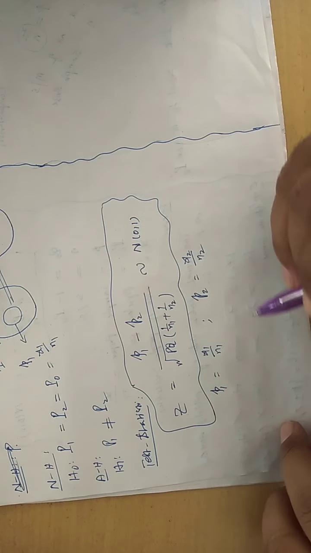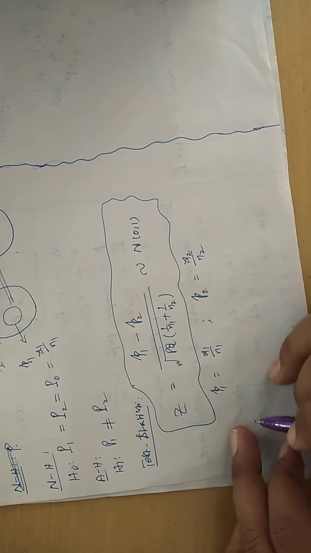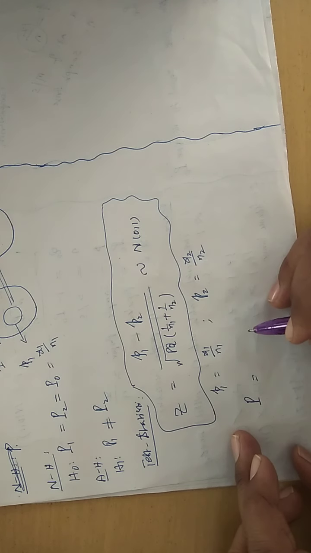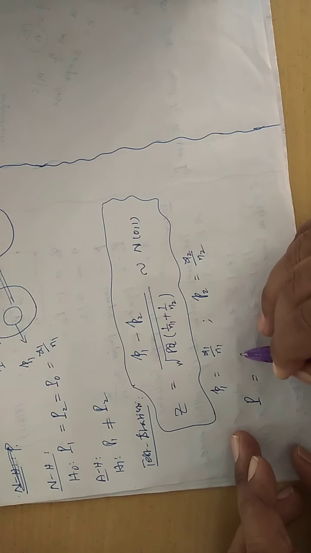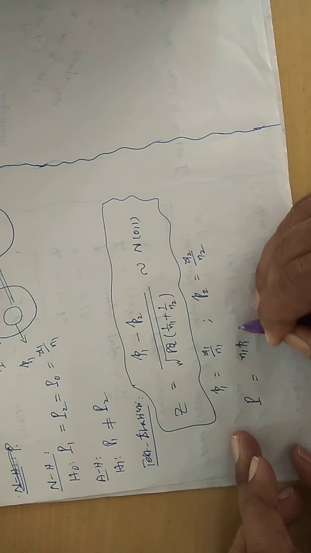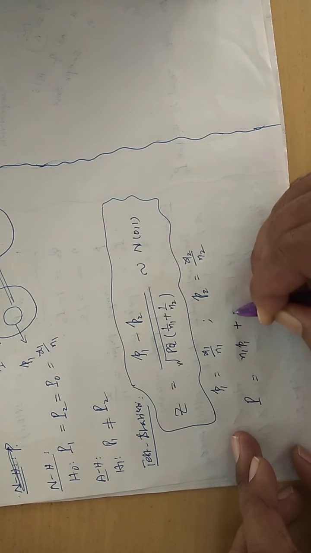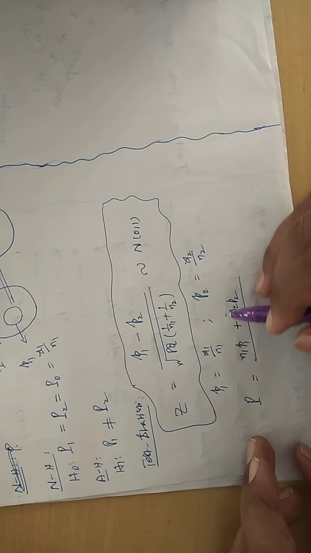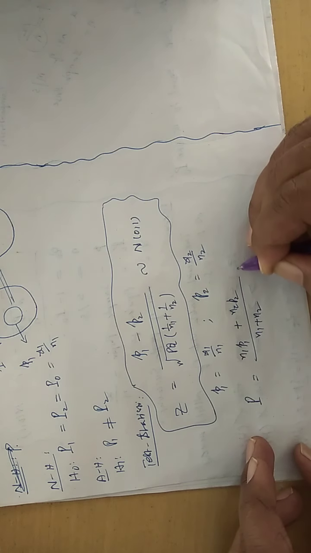Okay. Sometimes they will not give the capital P. So then you need to go for estimation. For this, you need to use this formula: (N1 p1 plus N2 p2), all lowercase letters, by N1 plus N2.